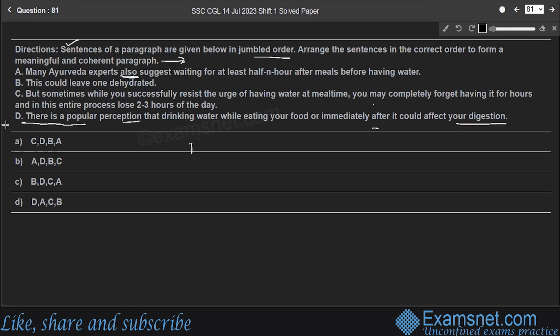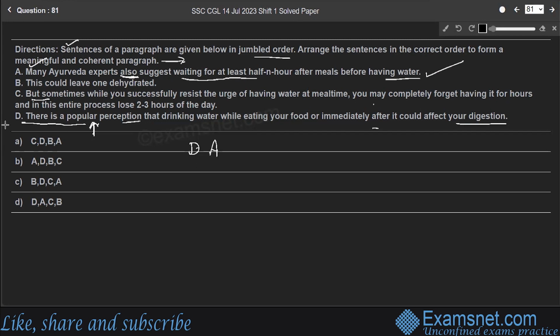So start with D. Next comes, based on this sentence D, we can proceed with A. Many Ayurveda experts also suggest waiting for at least half an hour after meals before having water, right? So sentence A supports sentence D, right? So next comes but sometimes. So here sentence C supports sentence A, right?